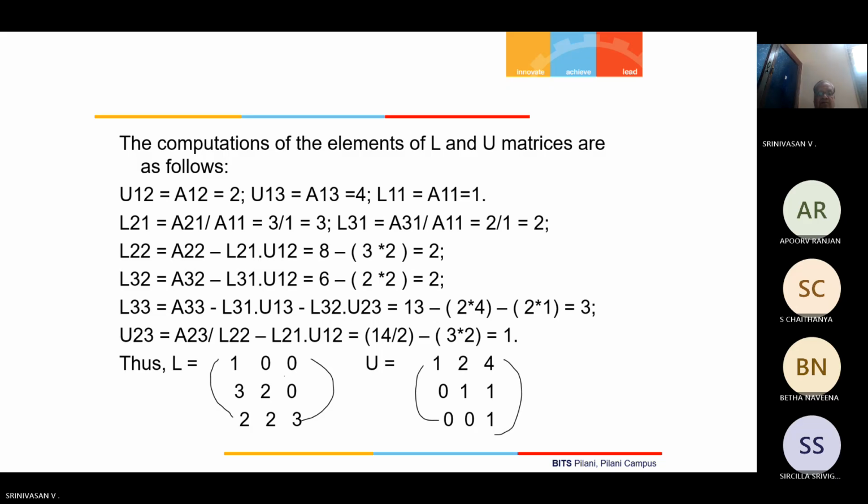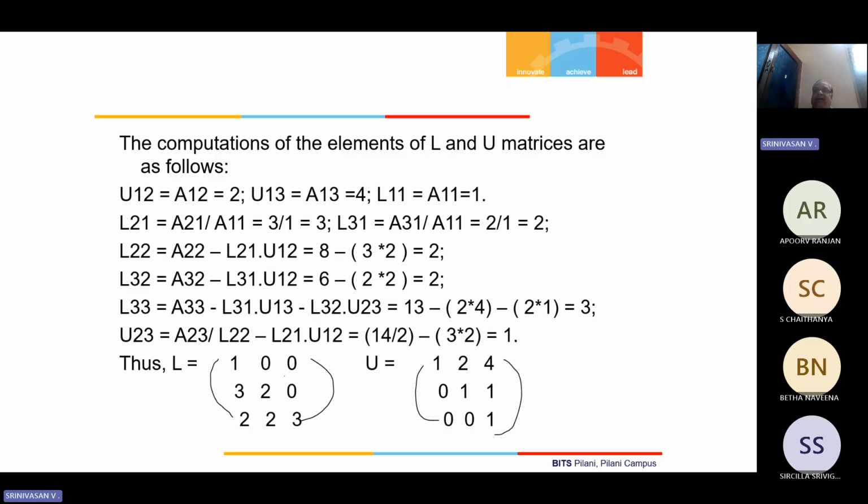The formula is here. Immediately, U12 is equal to A12, which is 2, and U13 is equal to A13, which is 4. The only thing we need to find now is U23.